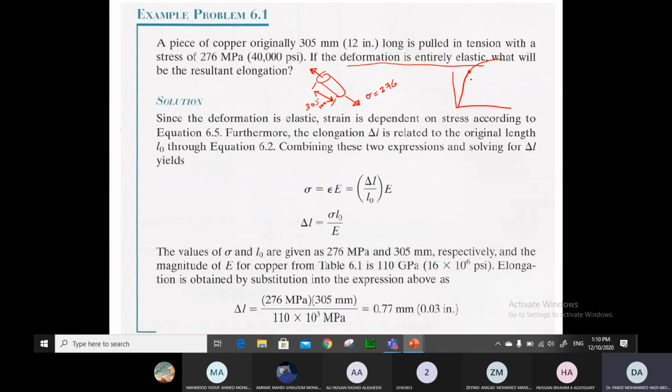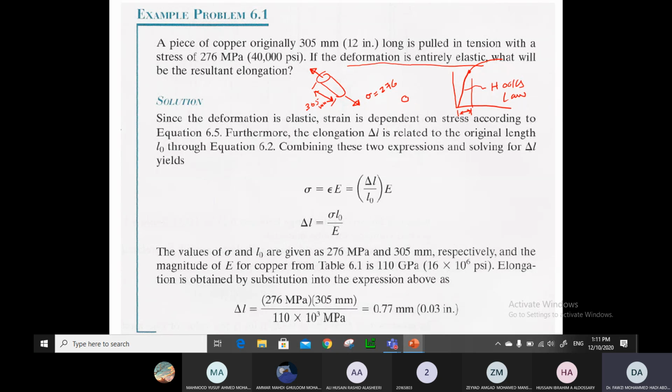We are in the elastic regime, which means that this curve is represented by what we refer to as Hooke's law. So Hooke's law is applicable.